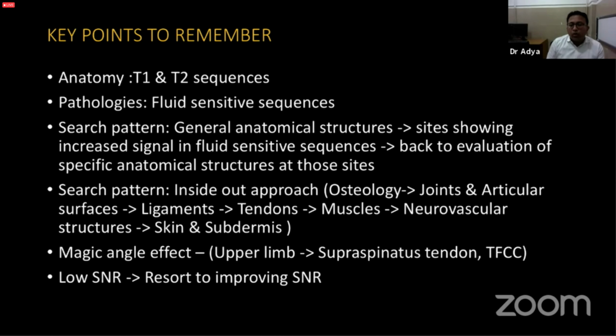So we need to resort to a few techniques for improving SNR, which includes increasing the magnetic field strength from 1.5T to 3T if available, or increasing the number of excitations, like using a 90-degree flip angle. So there are a few methods to improve SNR. We need to resort to them.